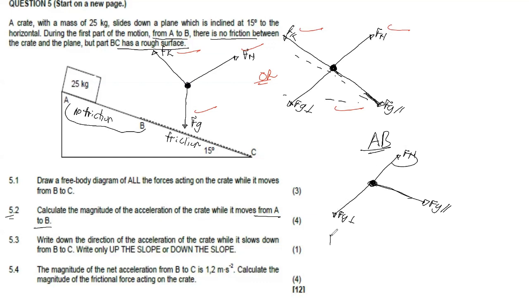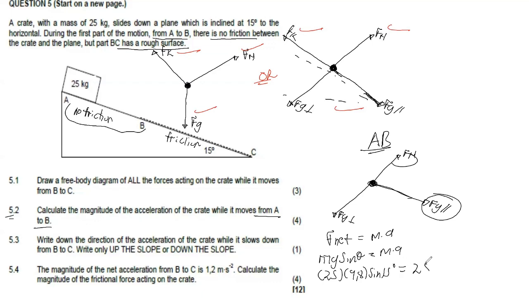So calculating this, we have F net equals m times a, but our F net only comprises the FG parallel. So we have mg sine theta equals m times a. Now we can just substitute: our mass is 25, and then we have 9.8 sine 15 degrees equals 25a.